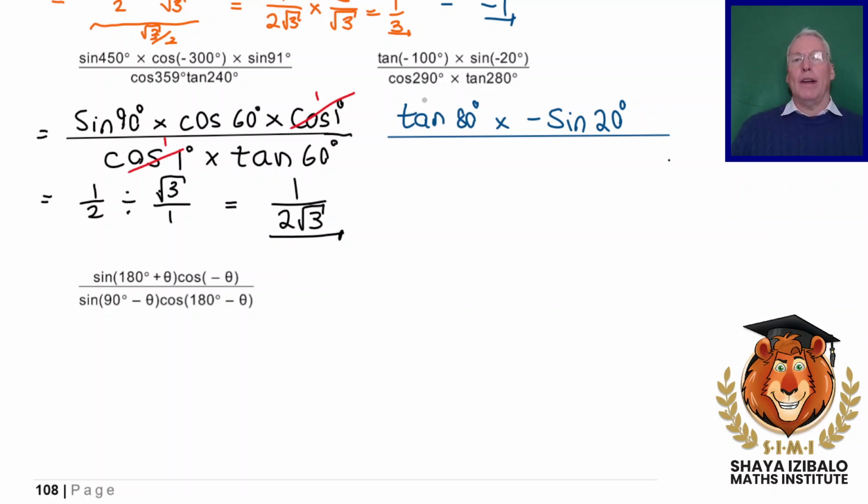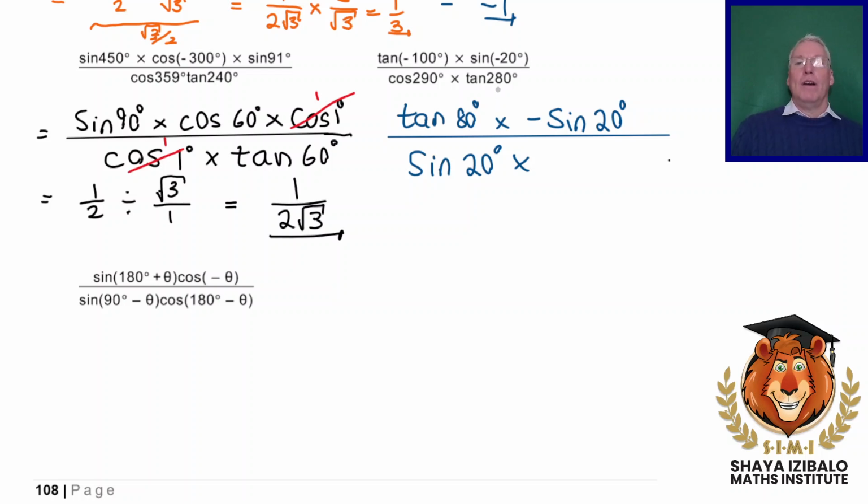290 is good. 290 is 20 degrees off a vertical axis. This is in quadrant 4. Cos is positive in quadrant 4. Cos of 290 is in fact exactly the same size as the sine of 20 degrees. And the tan of 280 degrees, well, we're in quadrant 3, all right, no, we're not.